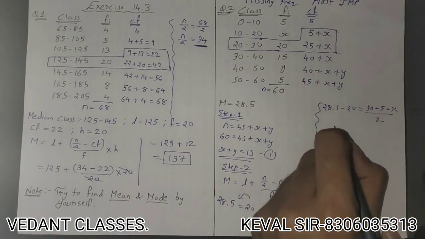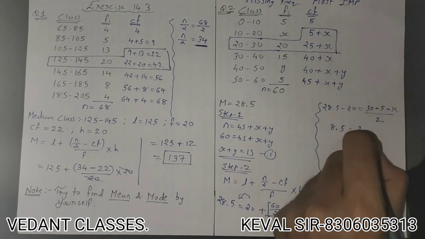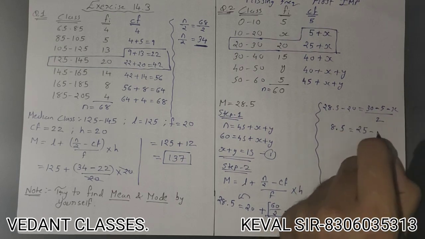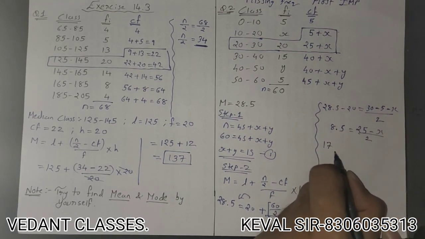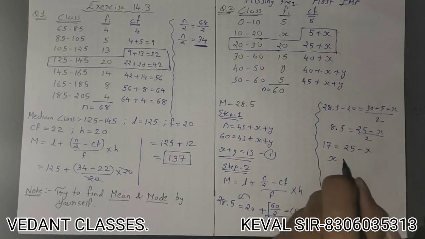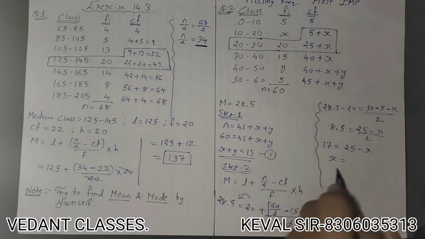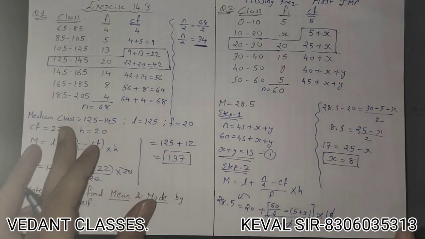So 8.5 is equal to 30 minus 5, so this will be 25 minus x upon 2. Multiply this with 8.5, so it will be 17 equal to 25 minus x. So the value of x we will get as 8. Easily we can calculate it. Just stick to the basics and apply the rules.